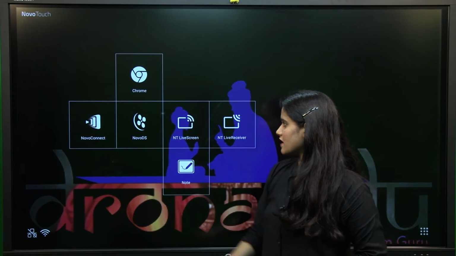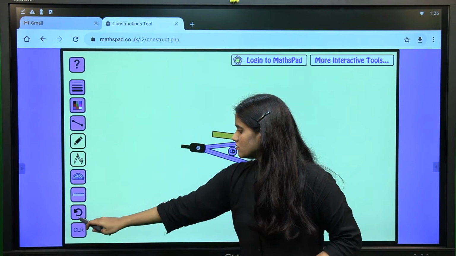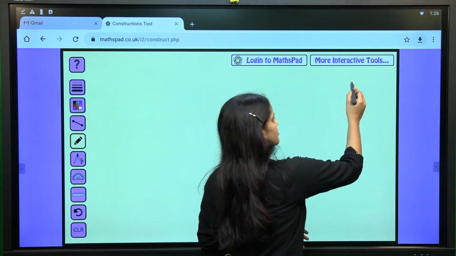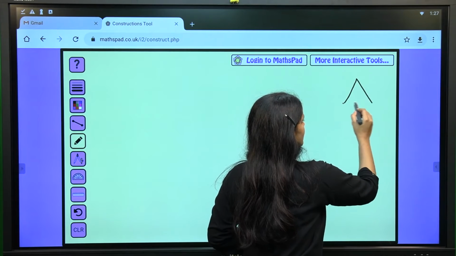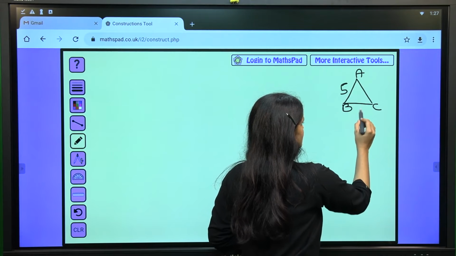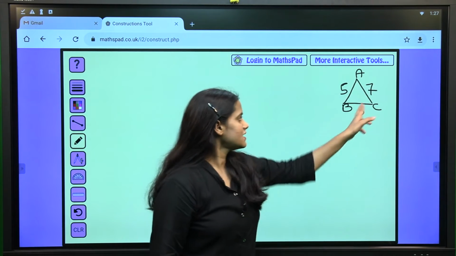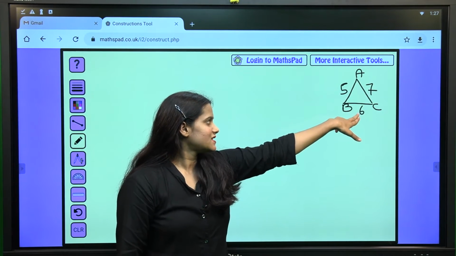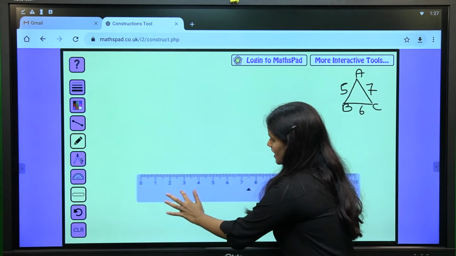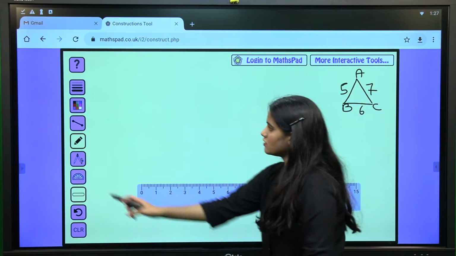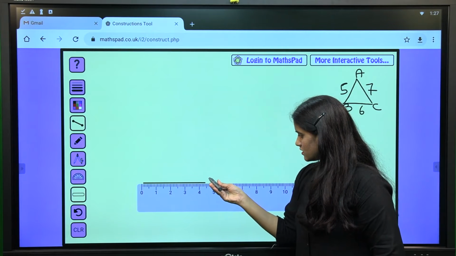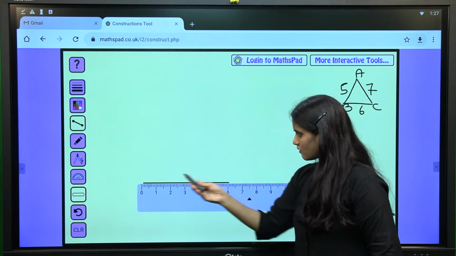Okay, let's do the construction. So what I will do? Here somewhere I'll just write a rough diagram for my purpose. So it was 5, 6, 7. So first is base. So base is 6 centimeter, which is BC. So let me take a scale. I'll keep a scale here and then I'll draw the line which is 6 centimeter.